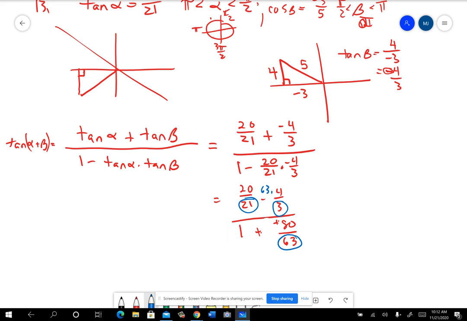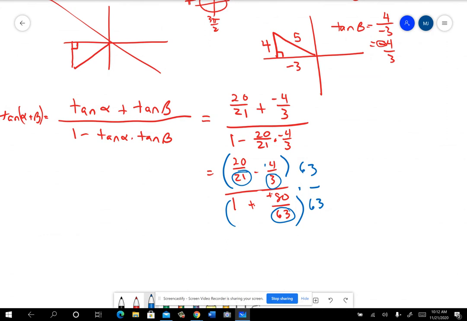But let me show that better since this is the first one I'm doing, and then I'll take shortcuts maybe later. Okay, so what I'm doing is saying it's okay to do this, right? And that's because 63 over 63 really is 1, so I'm not changing the problem. I'm just trying to clean it up a little bit. Then I'm going to distribute that 63 to both terms, okay?